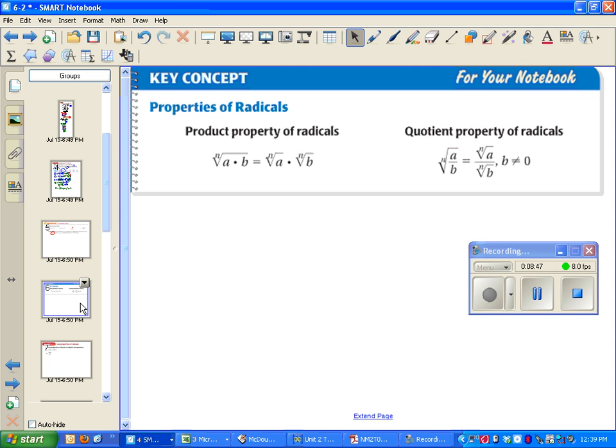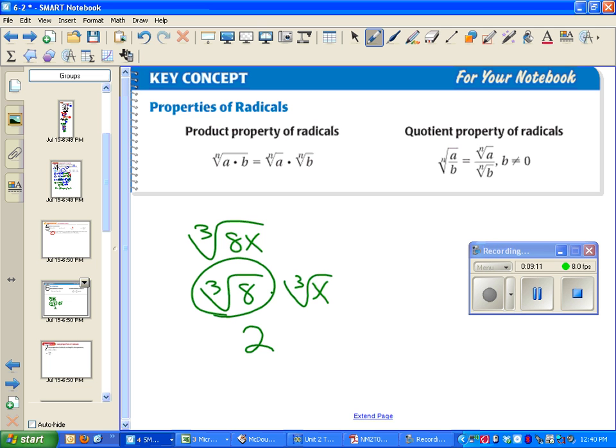All right, next we have properties of radicals. This is similar to properties of square roots, except now we have different ones. So if I had, for example, the cube root of 8x, I know the cube root of 8 is 2, so I could split this up into that.